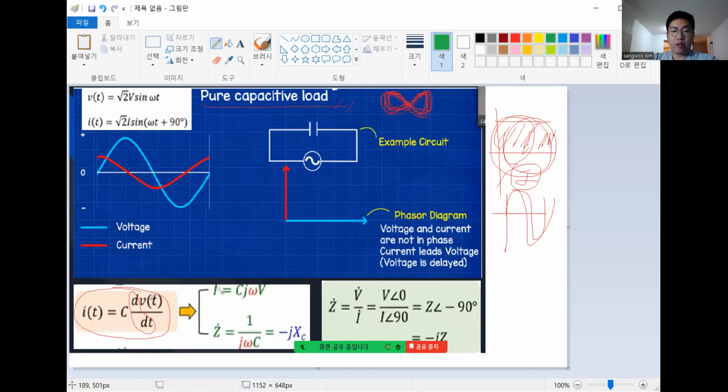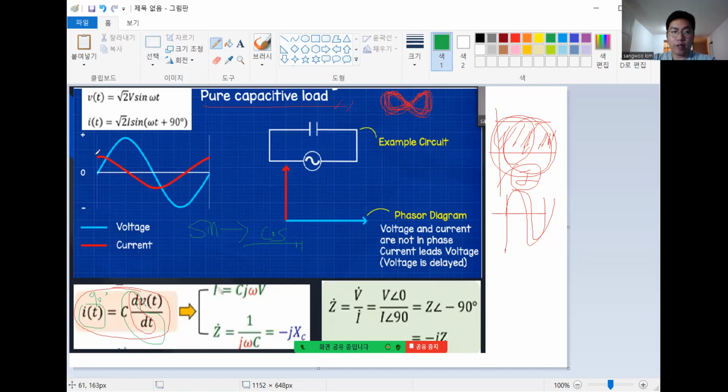So first of all, this time, as you can see, if we do the differential, I is going to be 90 degrees lead, because if we differentiate sine, it's going to be cosine, right? So this time look at that.